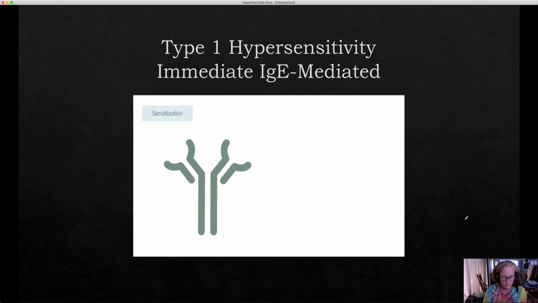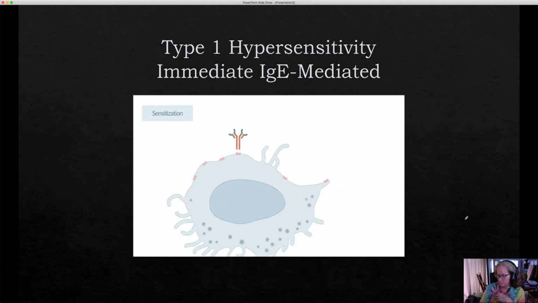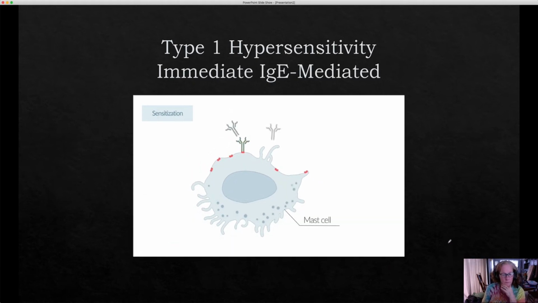These antibodies have two variable regions which enable binding to the specific antigen, here, the allergen. With its constant region, the IgE antibodies dock onto a surface receptor on mast cells, which are now able to respond when re-exposed to the same allergen. The individual is now sensitized to the allergen.